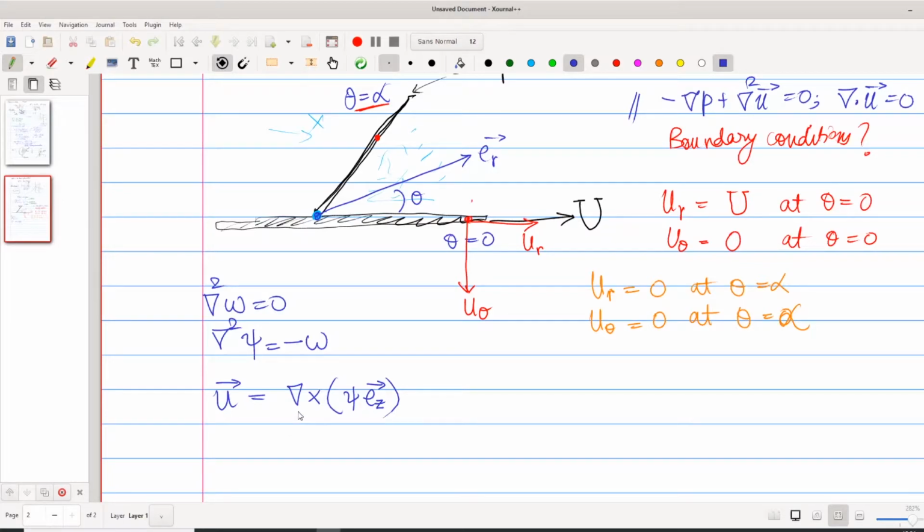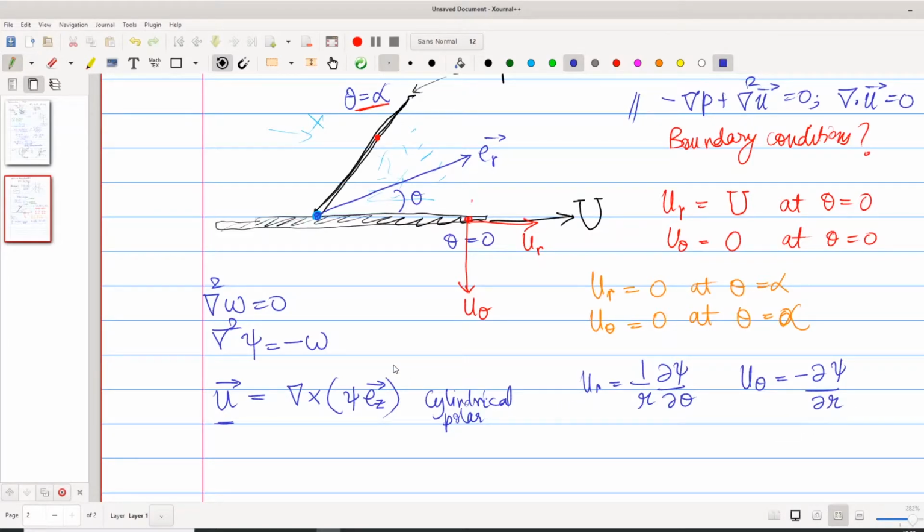We must now write down the curl of a vector in the cylindrical polar coordinate system. We can look up any appendix of any mathematics book. I am writing down the direct solution over here, and it is very easy to obtain. From this operation, we will obtain u r as del psi by del theta, and u theta will be equal to minus del psi by del r.